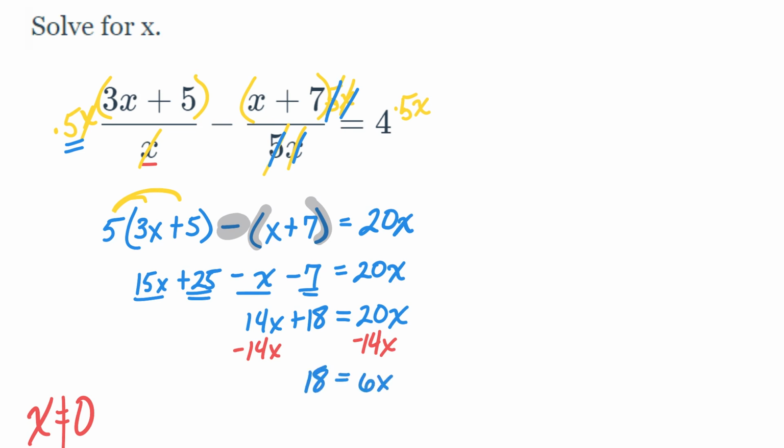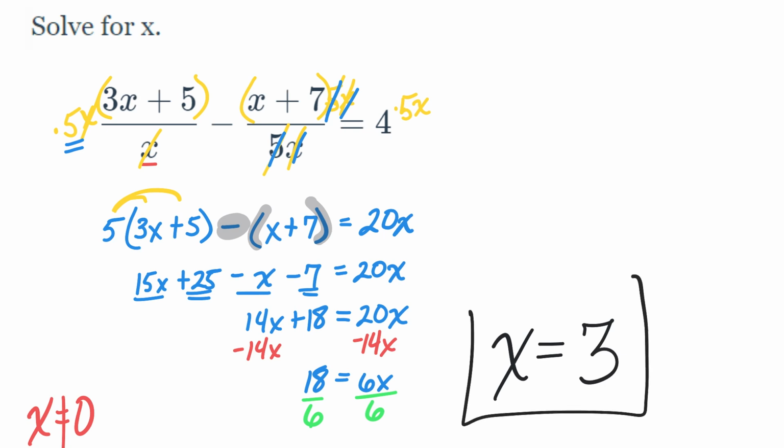So 6x equals 18. We divide both terms by 6, and our solution is x equal to 3. And 3 was not one of our excluded values, so 3 is an acceptable answer.